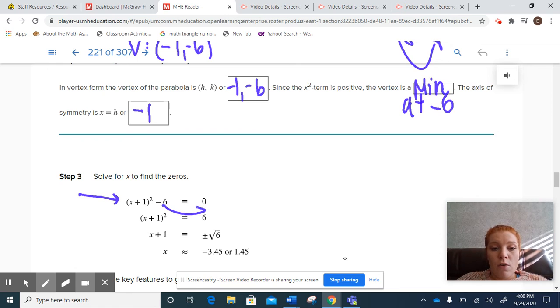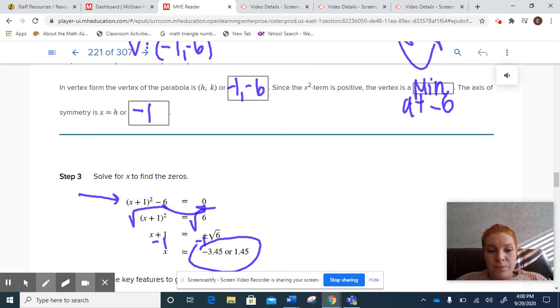So move the 6 back over, square root it. And then of course, since we want something as rounded as we can because we want to put it on a graph, this one would have a -1 to the other side. Go ahead and calculate it with a calculator and you get roughly -3.5 and 1.5.